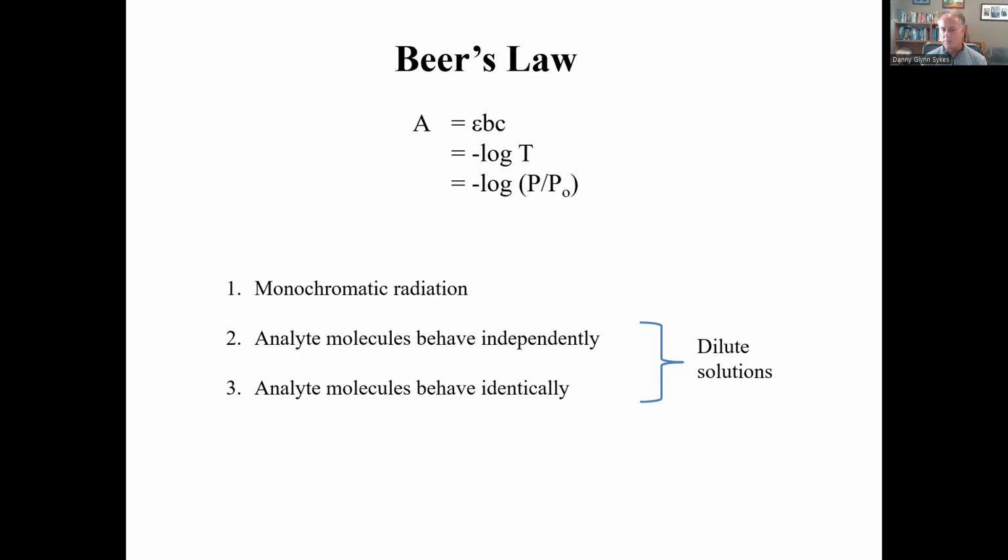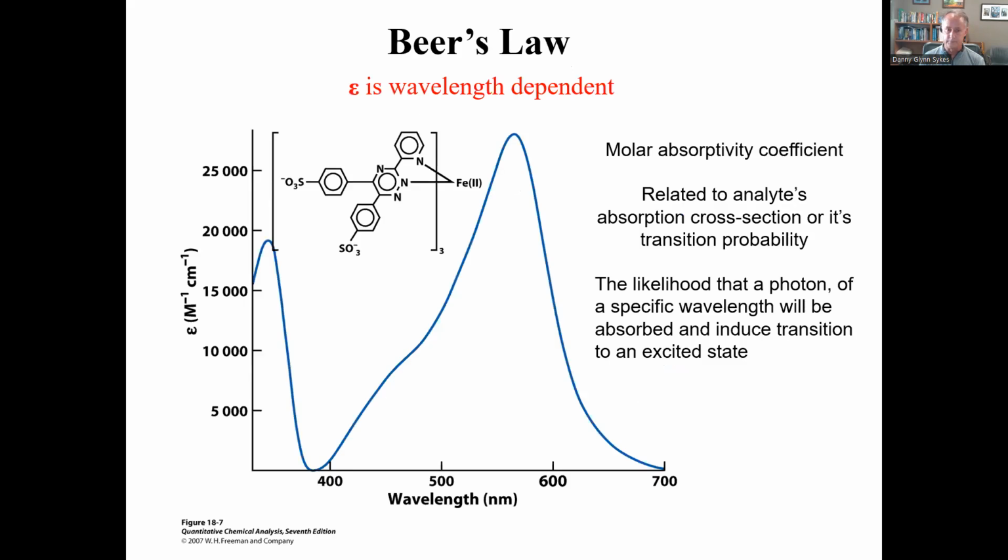But we also want molecules to behave independently and identically with respect to each other. So all the same molecule needs to behave identically and independently of each other. They must be independent absorption centers that behave identically to each other. And so dilute solutions are necessary, because as we increase the concentration of the analyte, analytes begin to behave a little bit differently. So these are critical.